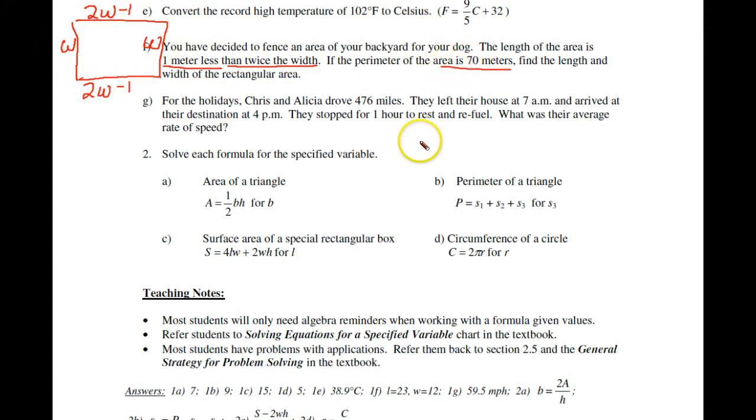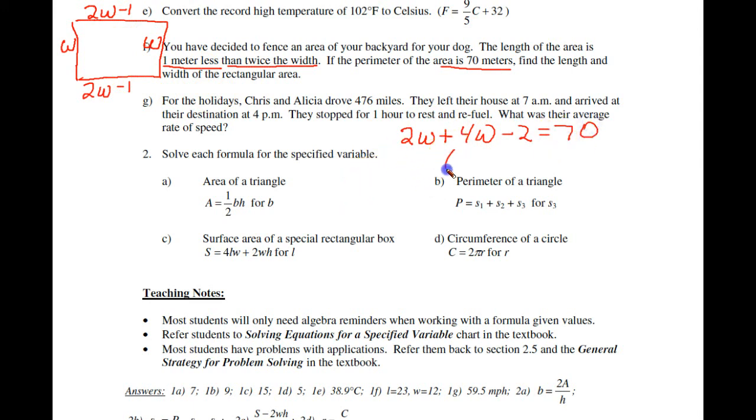So let's write it over here. So we're going to have 2 widths plus 2 widths, and 2 widths is 4 widths, minus 2, and that will equal 70.